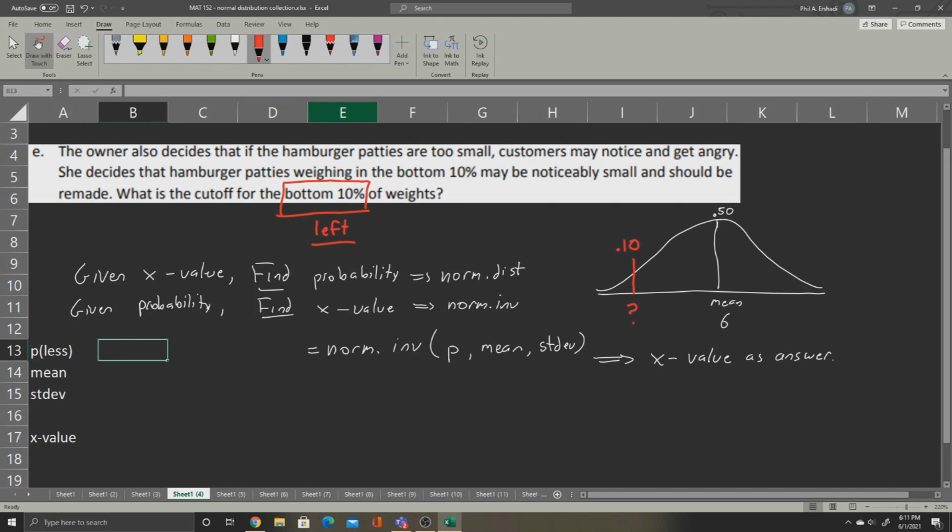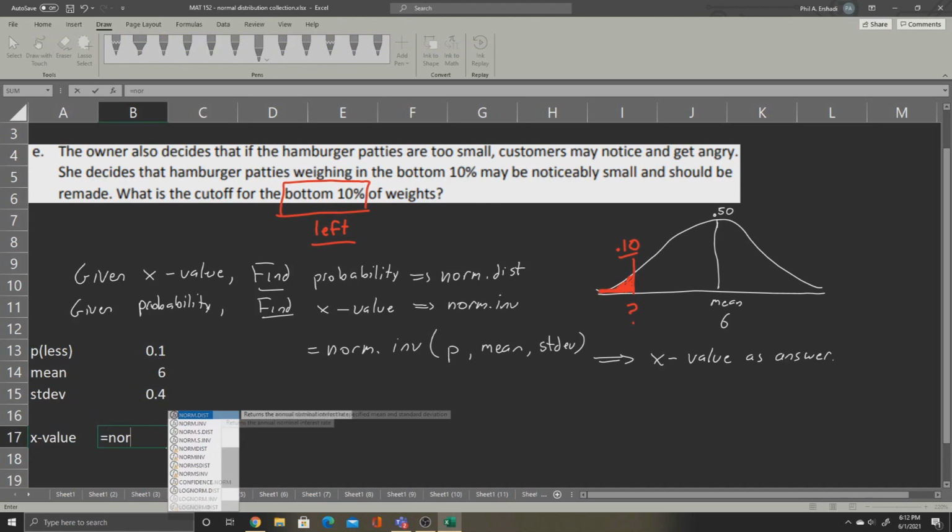Once again, remember that we wanted the bottom 10%, so that means go left from 10%. So that 0.10 or 10% represents this red area I've shaded. We'll say 0.10 there, a mean of 6, and a standard deviation of 0.4.